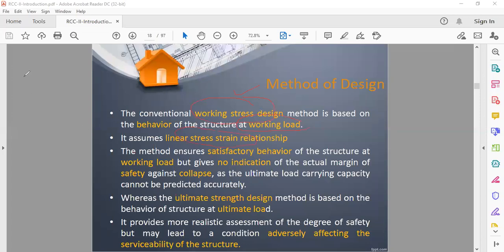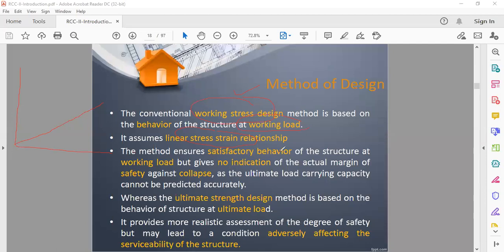What does that mean? If you have gone through strength of materials, the stress versus strain curve would be linear, but it is not actually linear. Still, in the working stress method they have followed that.